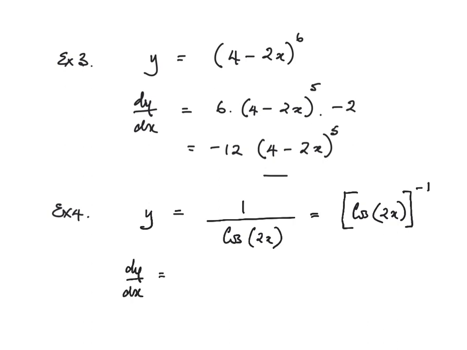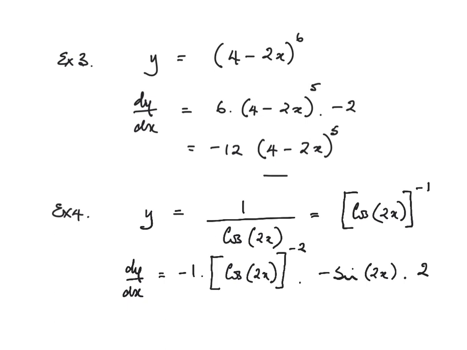Differentiate, so we'll bring the power of the bracket down, we leave the contents of the bracket unchanged, we reduce the power of the bracket by 1, minus 1 becomes minus 2, and we multiply by the derivative of the bracket. Now when we differentiate cos, we get minus sine times 2.